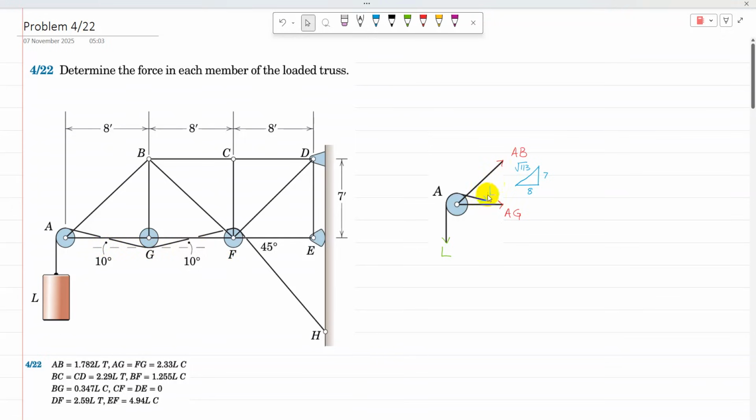So L can be resolved into its components. AB is inclined, so its components can be calculated using triangle ABG. In triangle ABG, the vertical side is 7 and the horizontal side is 8. Using 7 and 8, the hypotenuse is root 113.